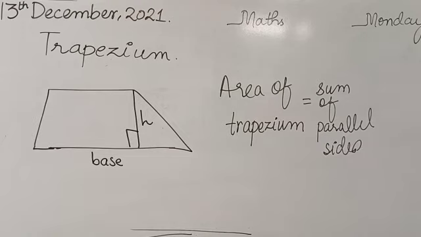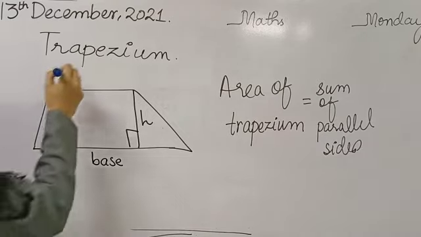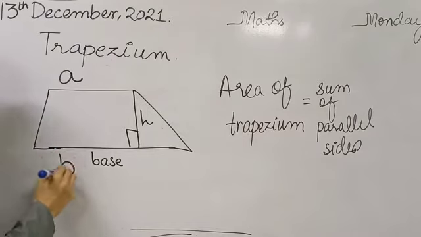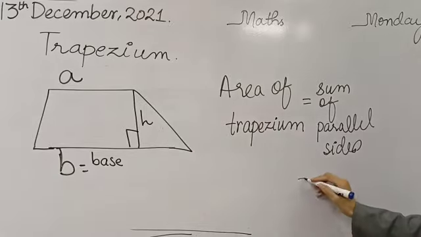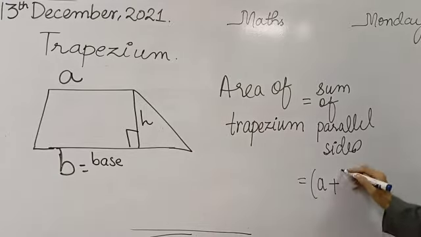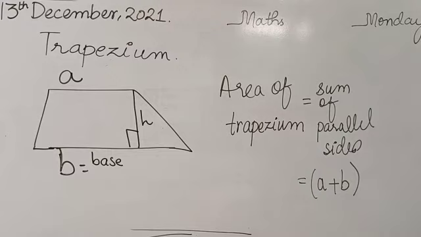For example, this is A and this is B. So sum of parallel sides is A plus B. A plus B, multiplied by height.